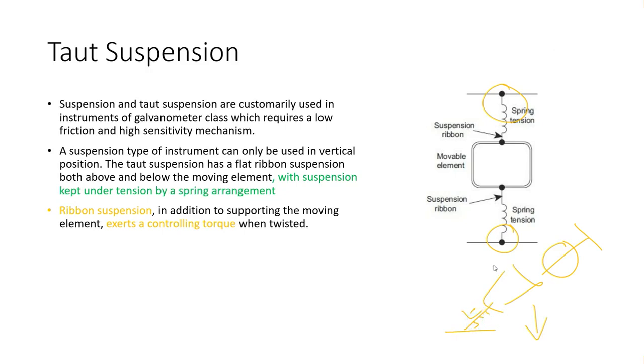So we need a vertical arrangement. So with the suspension kept under tension by the spring arrangement, we call it taut suspension. So the suspension is kept in two spring arrangements. Ribbon suspension is also sometimes used. So in a ribbon suspension we have something like this, and then a vertical column is suspending it.